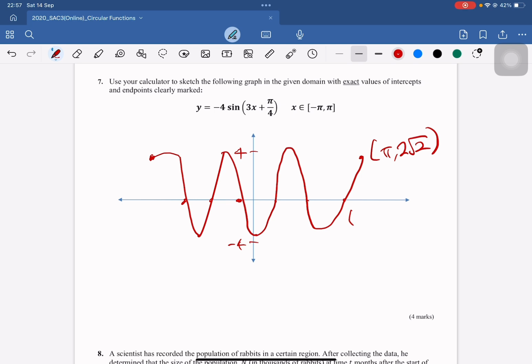This intercept here is 11 pi over 12 and 0. This one over here is going to be 7 pi over 12, 0. This intercept right here is going to be pi over 4.